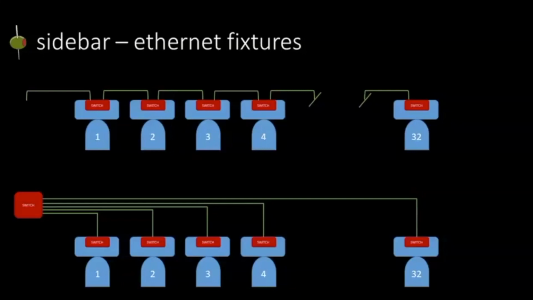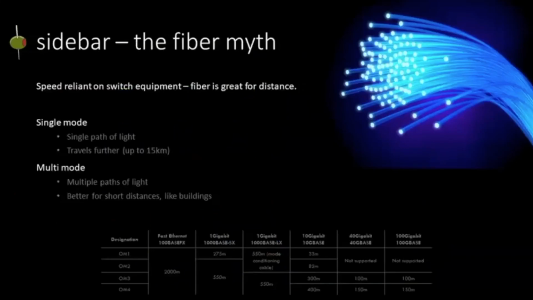Cool. The other sidebar is fiber myth. I'm always hesitant to talk about this, but I think there's a general misconception that if you add fiber to your system, it's instantly going to be faster, and you've got to use fiber in order for the system to work. That is a misconception. A lot of fibers have equal potential to category cable as to how much throughput they can have.